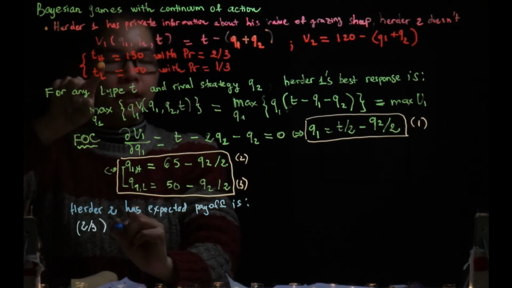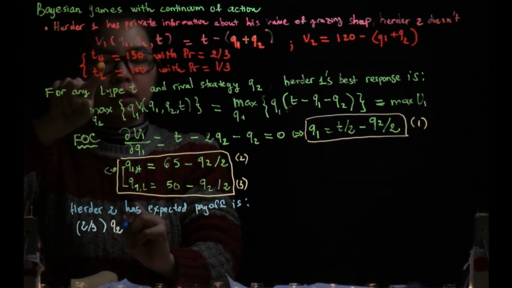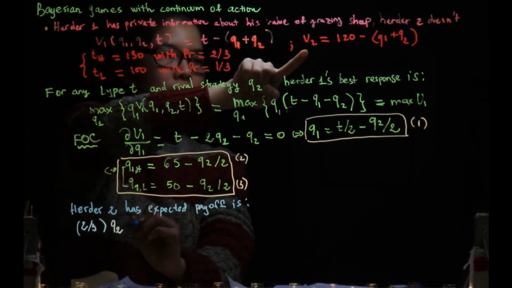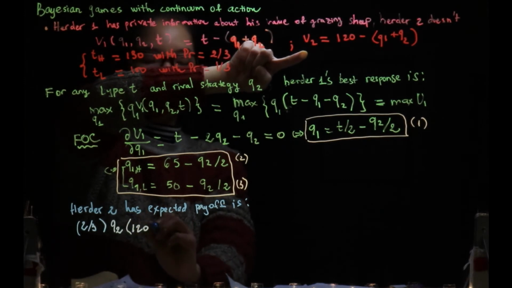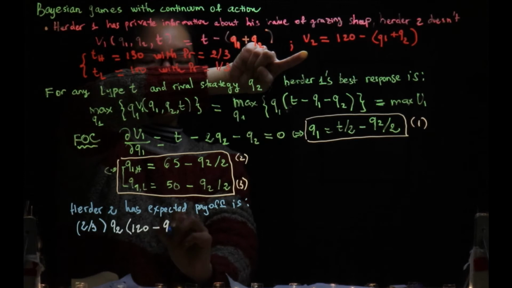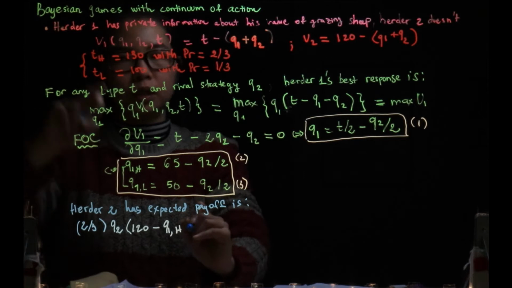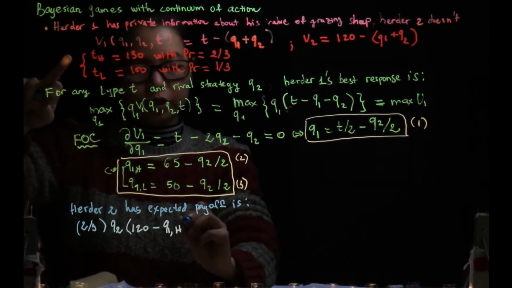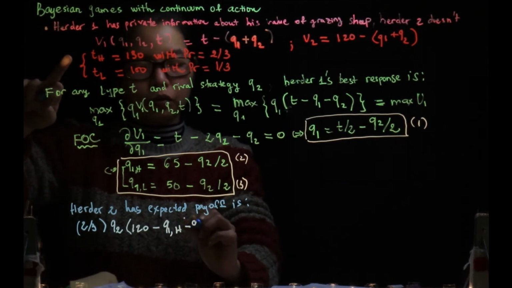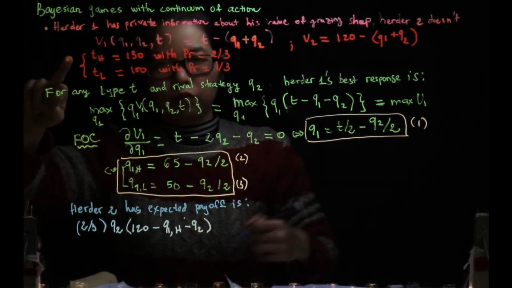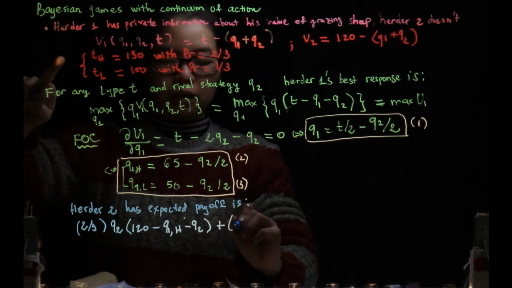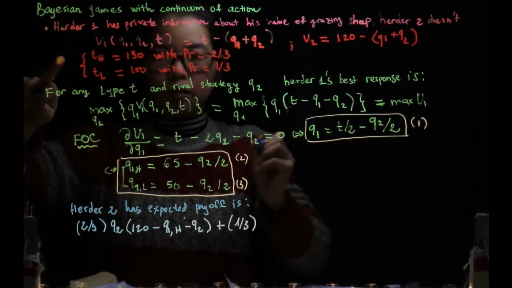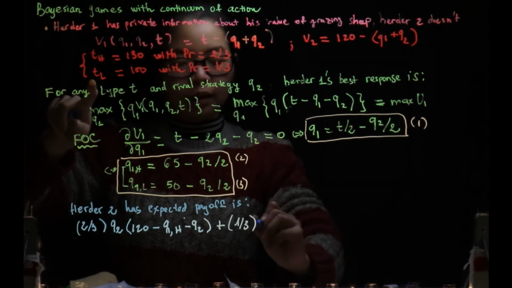So q2 times v2: 120 minus q1 high, because we are concerned with the high type first, minus q2, that is the total value when he faces the high type, plus 1/3, the other probability, of t low.